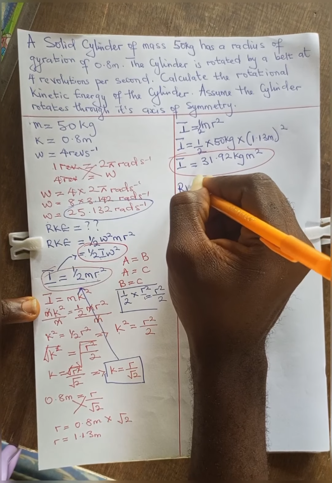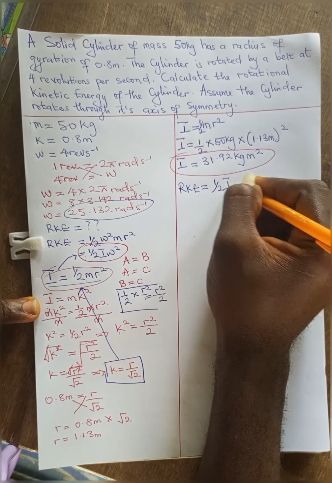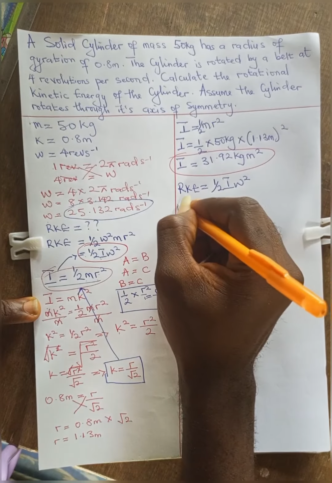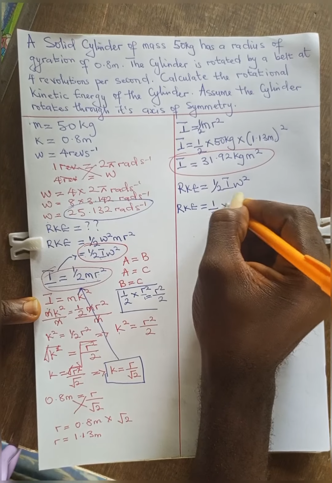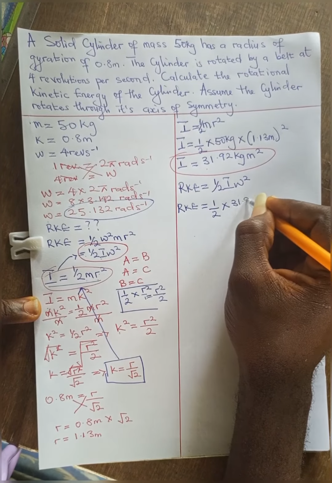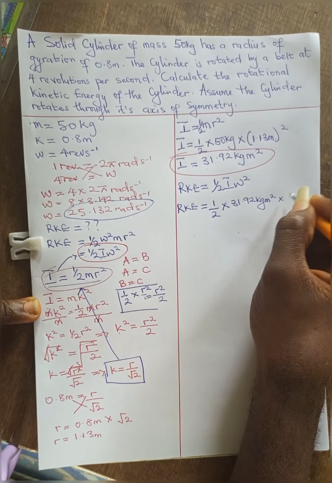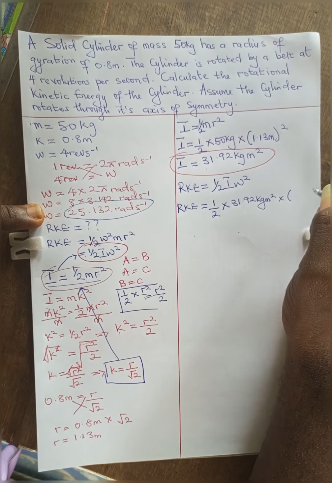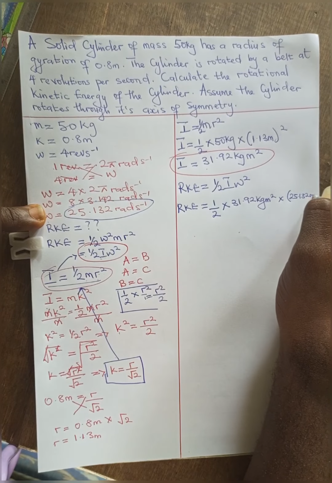So rotational kinetic energy, remember, na half I omega square, which omega is the angular velocity. So the rotational kinetic energy go dey equals to 1/2 times moment of inertia. We don get am for here as 31.92 kilogram meter square, then times angular velocity, we get am for here as 25.132 rad per second.